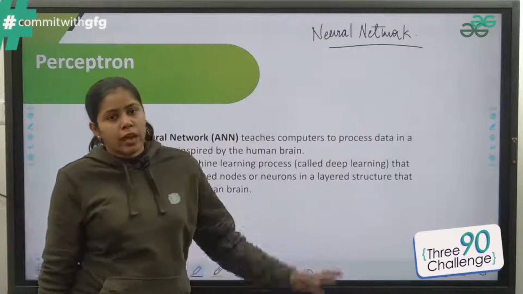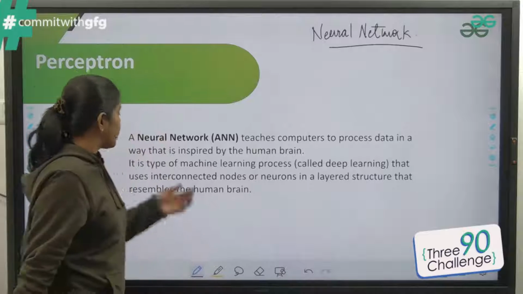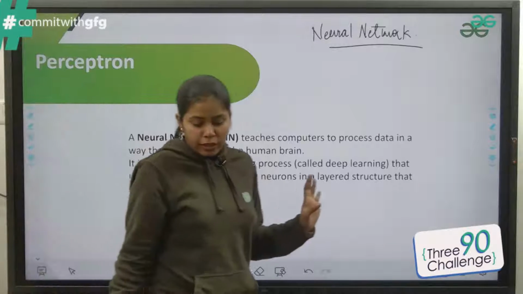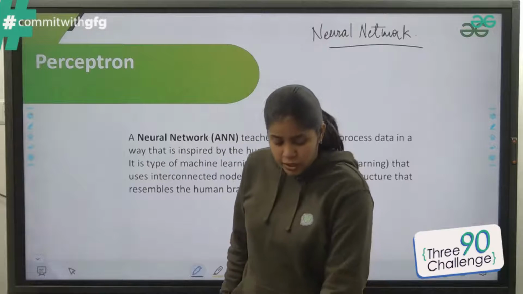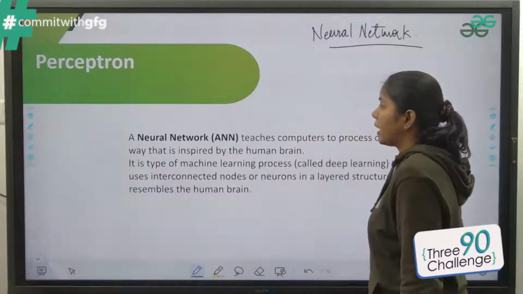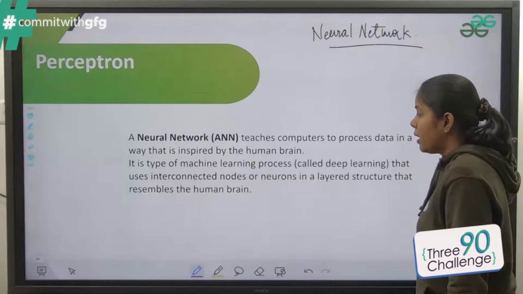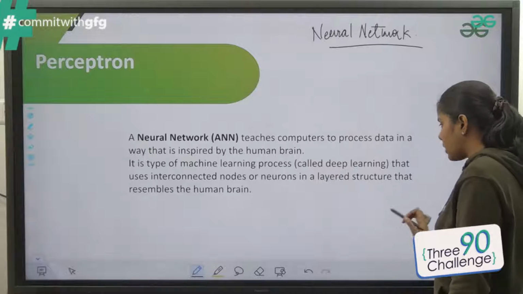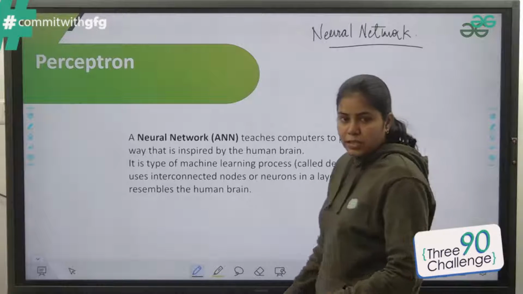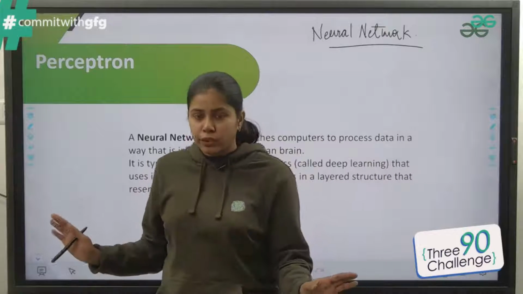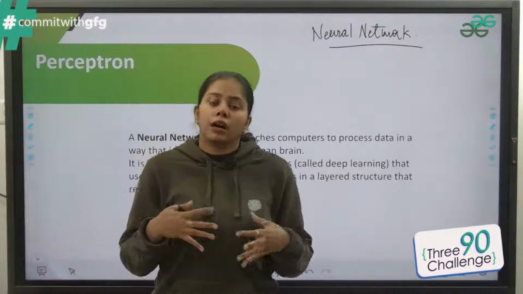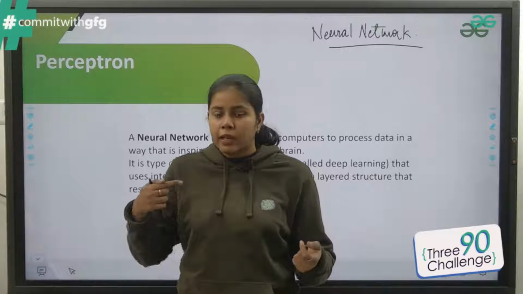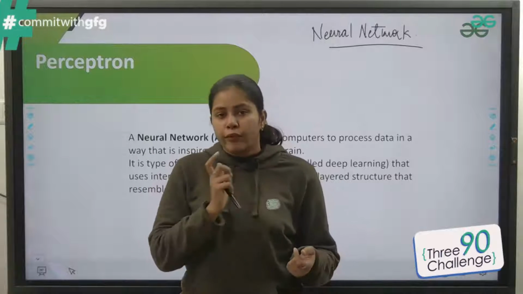So neural network teaches computers to process data in a way that is inspired by the human brain. It is a type of machine learning process that uses interconnected nodes or neurons in a layered structure that resembles the human brain. So we don't have to do anything. We just have to work like how the brain works, how neurons transmit the information to the brain, and then the brain decides what to do. We have to work like that.